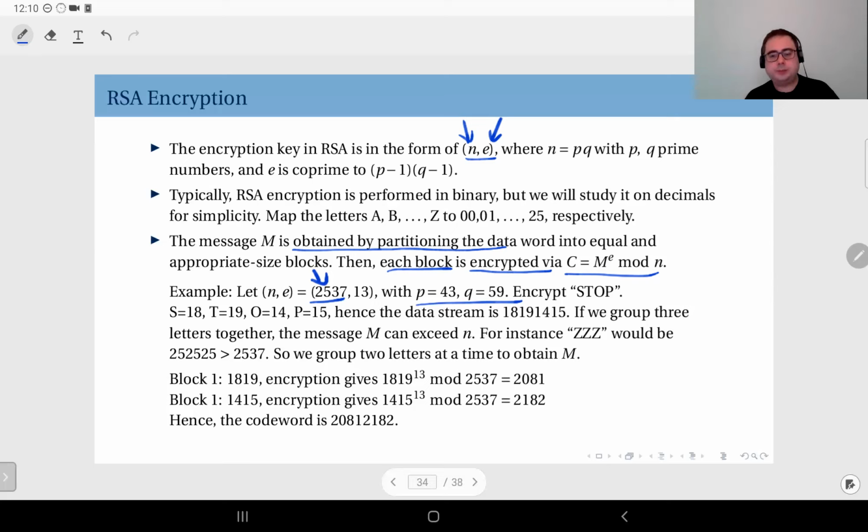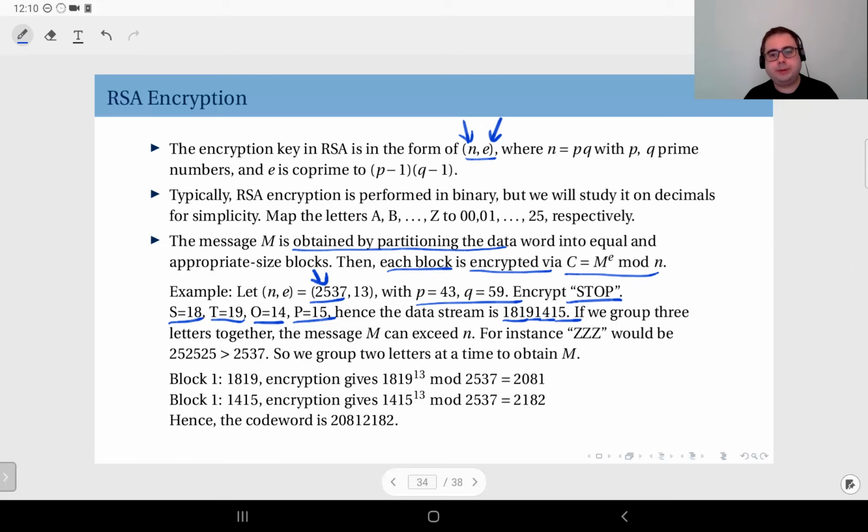We are going to encrypt the message STOP. First of all, we need to encode this in our representation. A is 00, B is 01, etc. In this scenario, S corresponds to 18, T corresponds to 19, O is 14, and P is 15. So you concatenate them together, and your data stream becomes 18, 19, 14, 15, so an 8-digit decimal number.